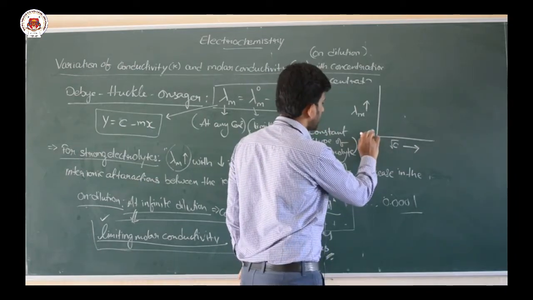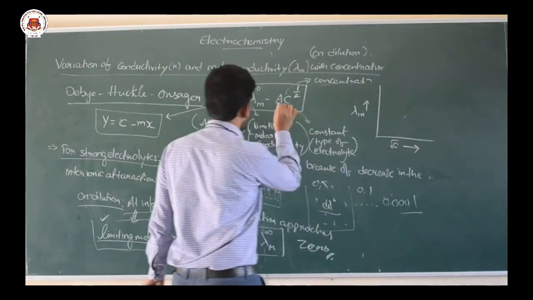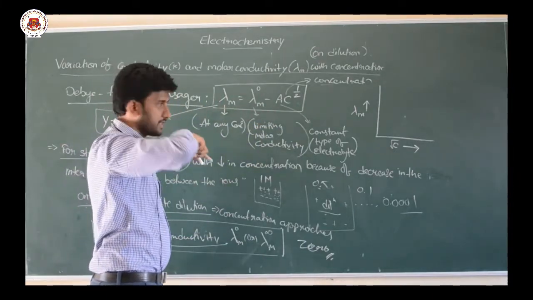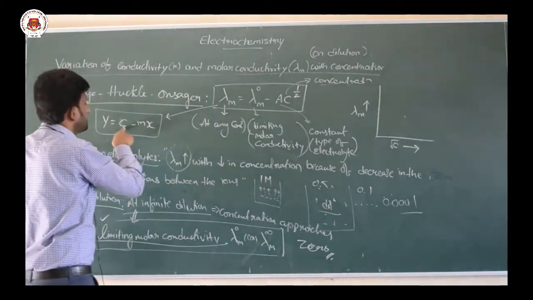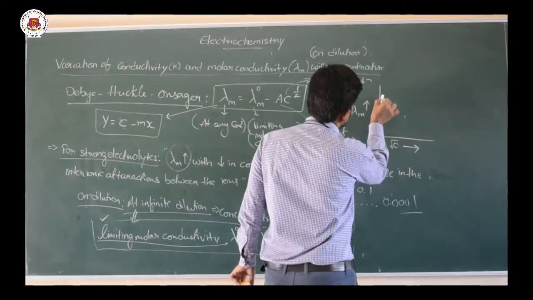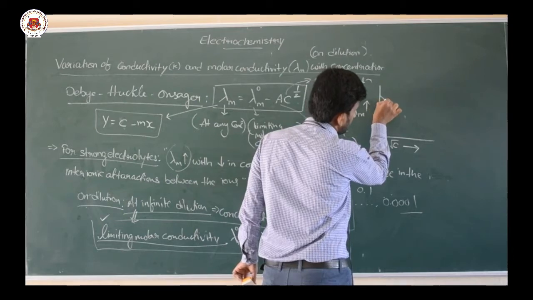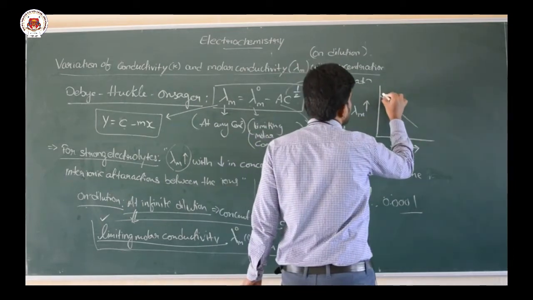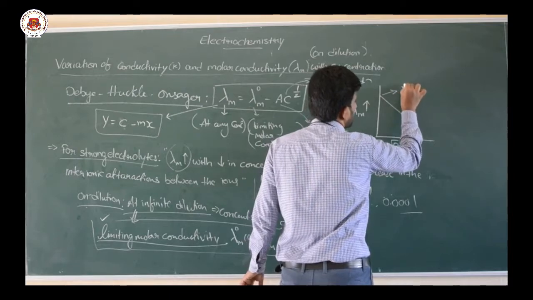Then, what is the slope of the line? Minus A. What is the intercept? Lambda naught m. That means it is a line with negative slope. Intercept is lambda naught m you are getting.